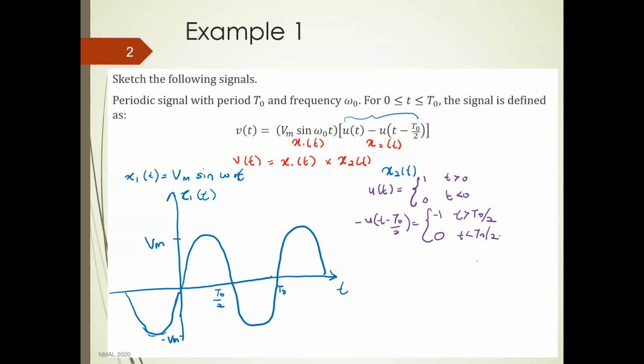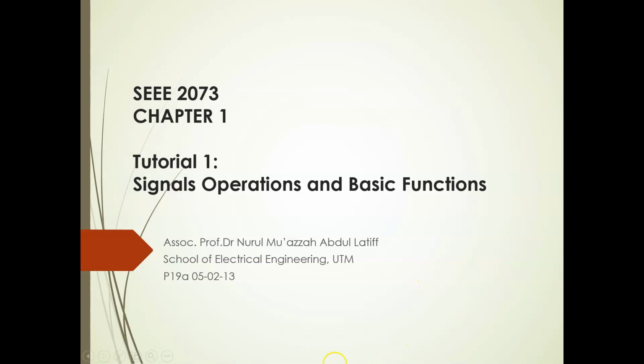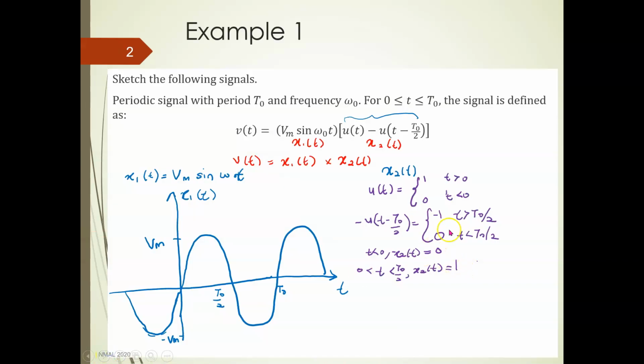So from here, we can conclude that when t is less than 0, x2t is equal to 0, because there is no signal at all. When t is between 0 and t0 over 2, x2t should be only this part, so it should be 1, because the second unit step function only has value negative 1 after t0 over 2.